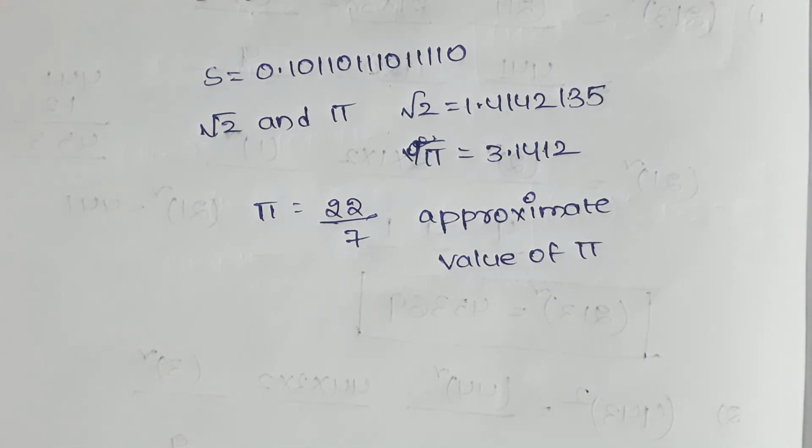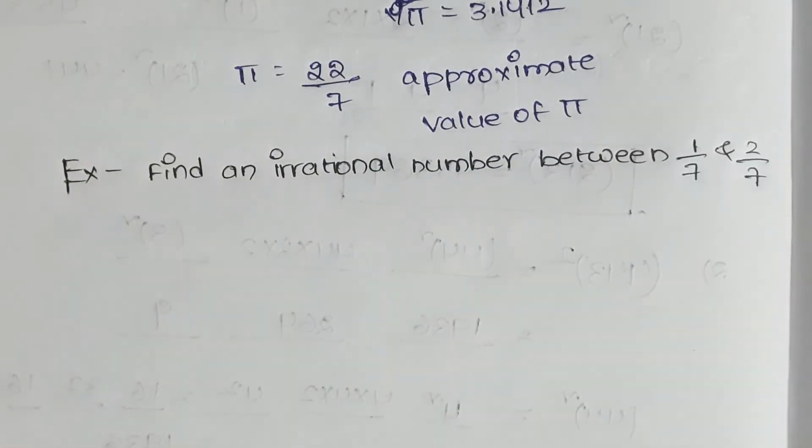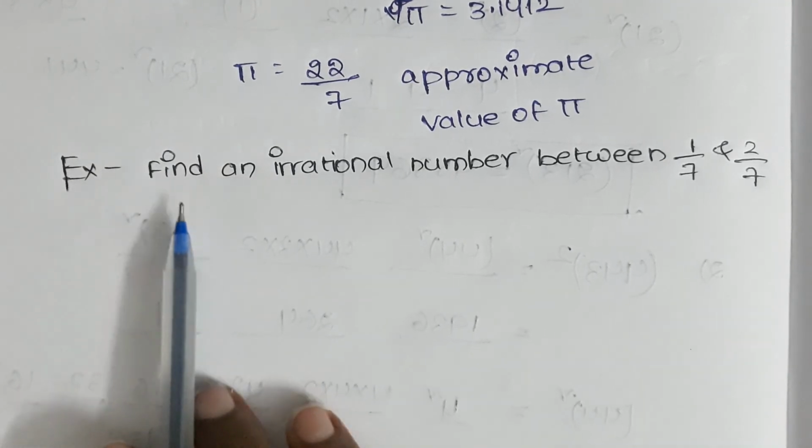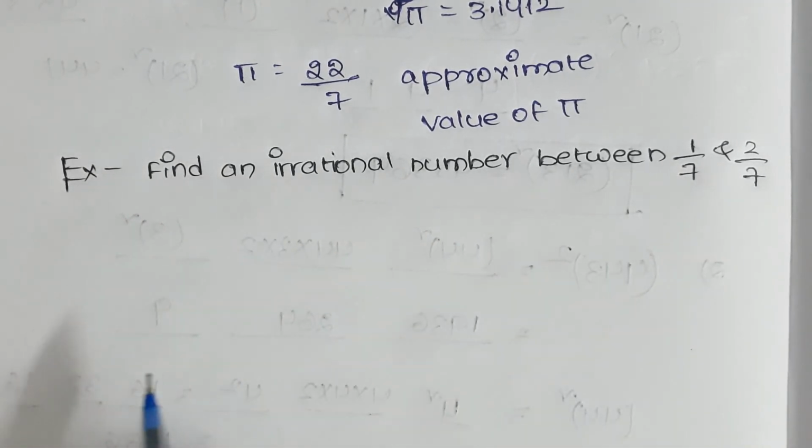And now let us see an example of how to represent an irrational number in between two rational numbers. Up to now we have seen rational numbers in between two rational numbers, and now let us see how to find an irrational number in between two numbers. Here is another example, that is how to find an irrational number in between 1 by 7 and 2 by 7.